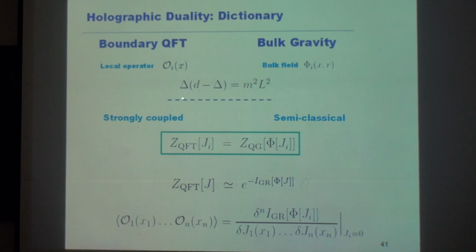If you know the dimension, then you know the five-dimensional mass of the bulk field, and then of course you can solve everything from this system. But of course, you need the strong coupling limit of the quantum field theory.